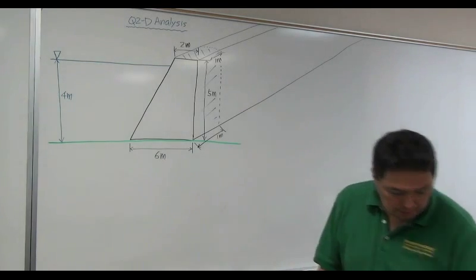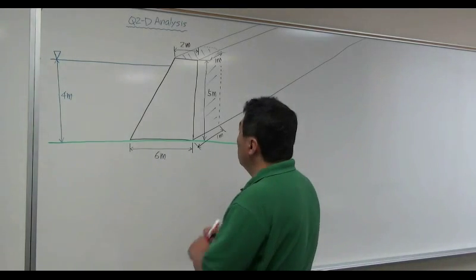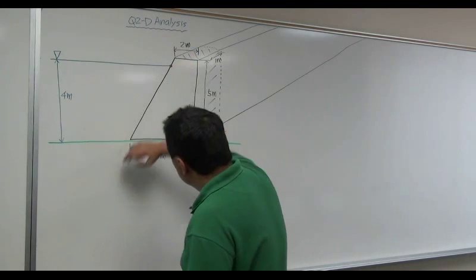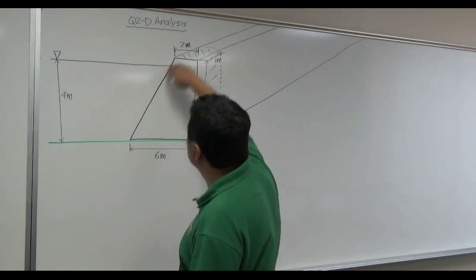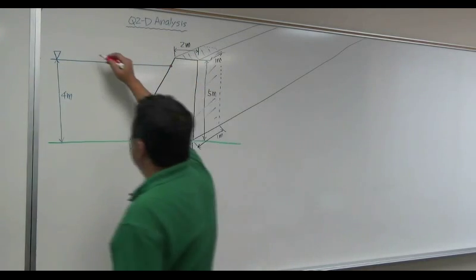So what is the first thing? The first thing is, let's define the coordinate system. This is where the plane surface meets the zero gauge pressure line.